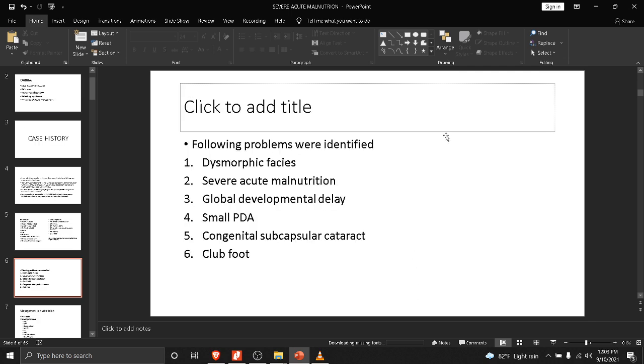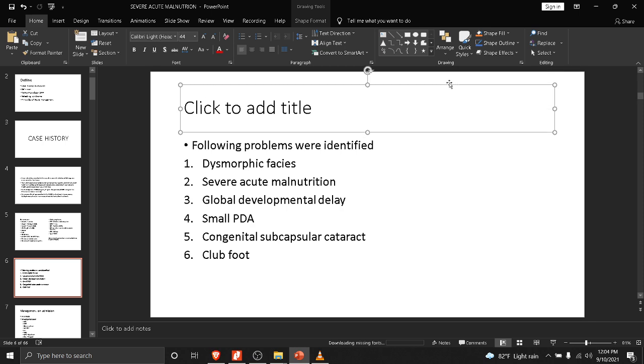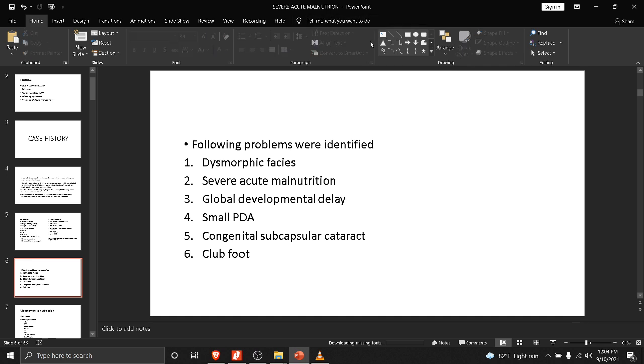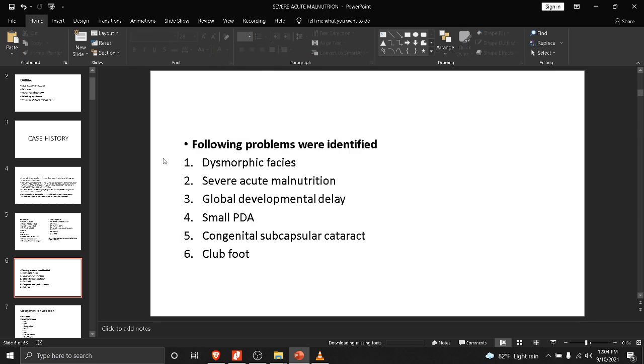At the end of the history and examination, we were able to identify the following problems. The child had dysmorphic facies, and even at the 9-month admission they had queried Down syndrome, but no cardiothoracic evaluation and further investigations were done.